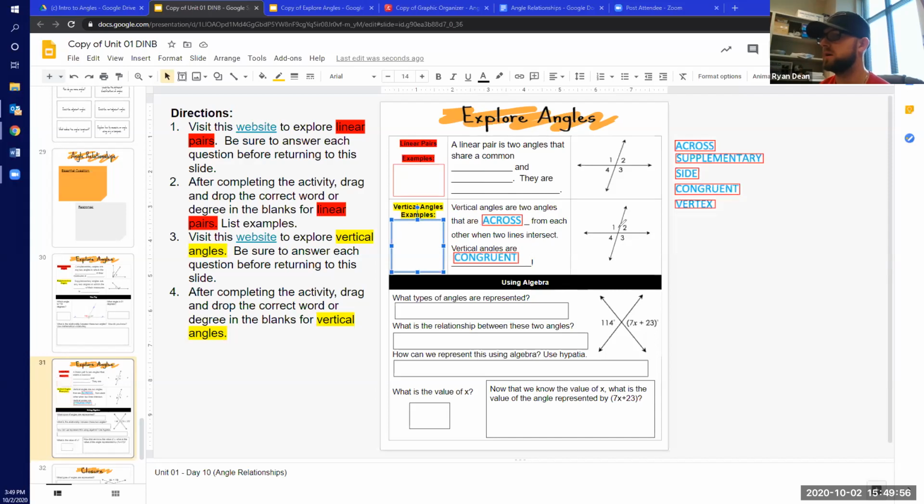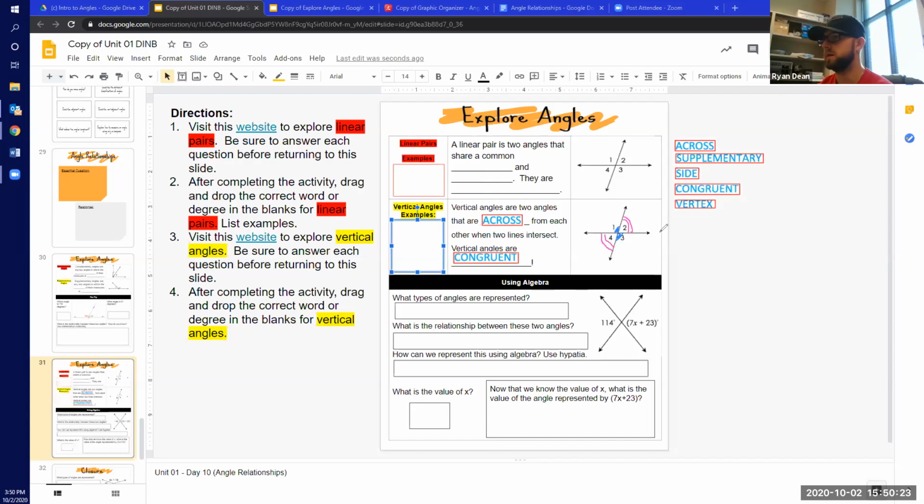We have two pairs of vertical angles. Angle 1 and angle 3 is one example, and then for our other example, we have angle 2 and angle 4.